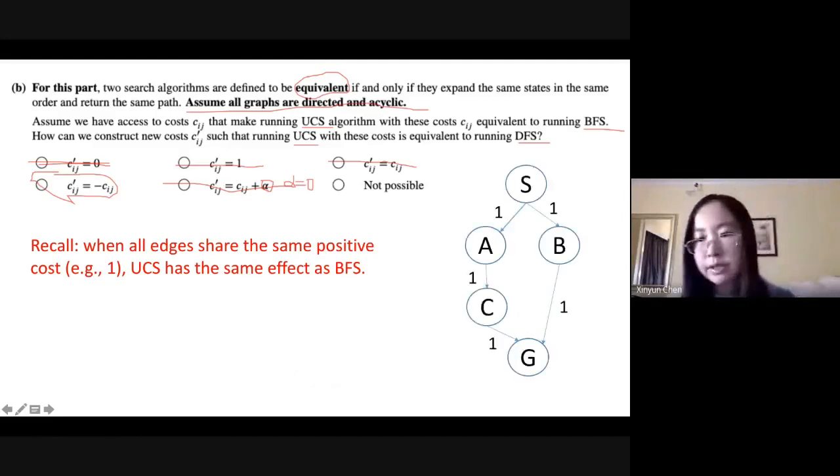This is the graph we constructed, which could make UCS equivalent to BFS. Let's see what happens if we add a negative sign to each edge.